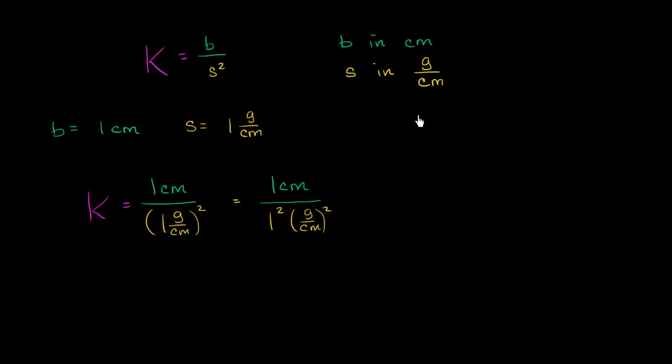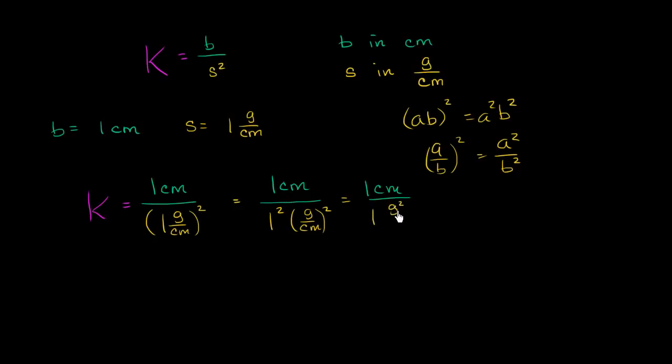And this just comes out of the idea that if I have a times b to the second power, that's equal to a squared, b squared. And we also know that if I have a over b squared, that's the same thing as a squared over b squared. So I could rewrite this as 1 centimeter over 1 squared, which is just 1, gram squared per centimeter squared.